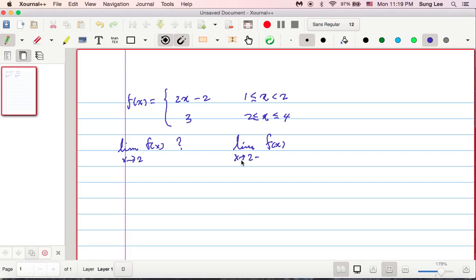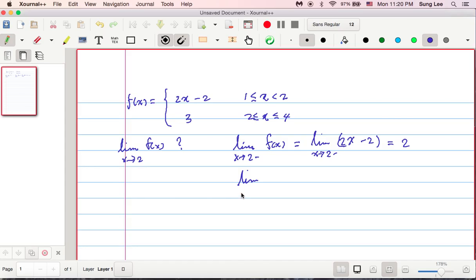So in this case, when x is less than 2, the function is 2x minus 2. So we replace f of x by 2x minus 2. So when x approaches 2, 2x minus 2 goes to 4 minus 2, which is 2, right?